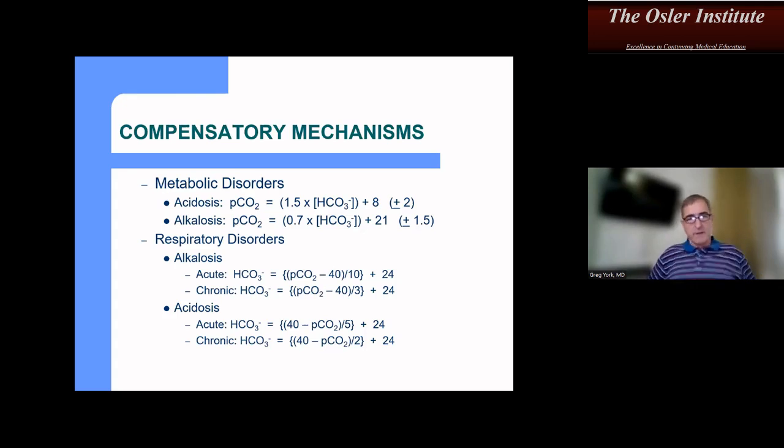Probably the most common formula here that's memorized is Winter's formula, the first formula for acidosis, which says basically if you have a pure metabolic acidosis, it is appropriately compensated if you multiply the bicarb concentration by 1.5 and add 8, and that gives you your PCO2. There are other formulas too, not so important as Winter's formula here used so much.